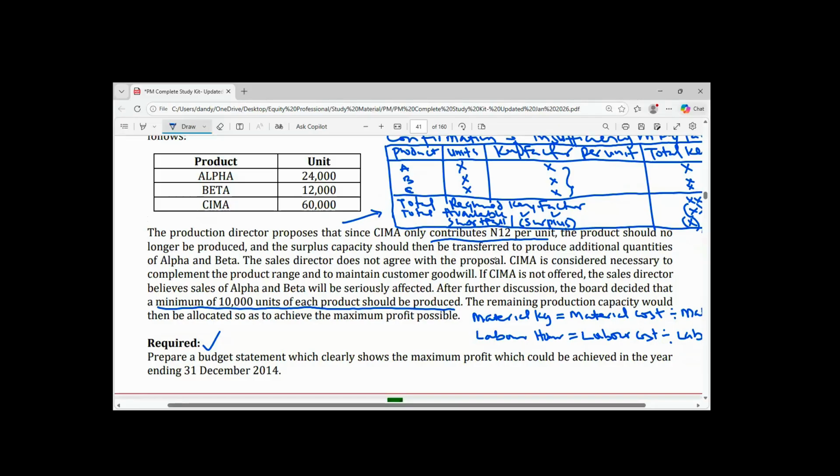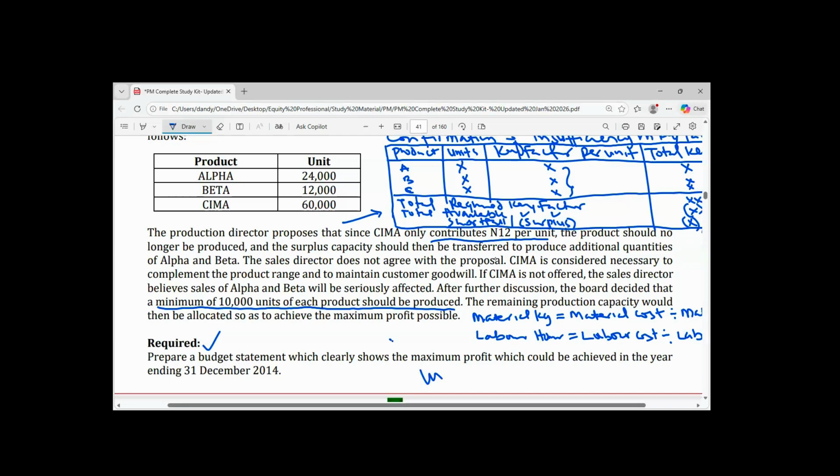But the sales director has a different opinion, because the sales director is saying that SEMA is necessary to complement the product range and to maintain customer goodwill. Okay, this is what we discussed under deleting of a segment.